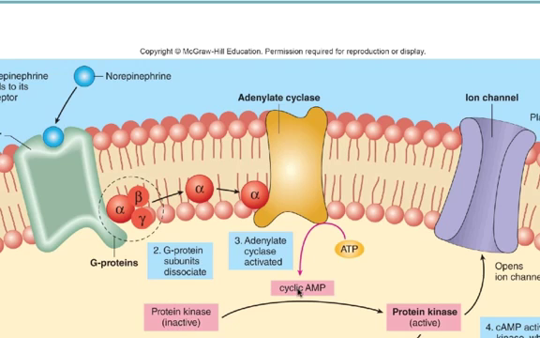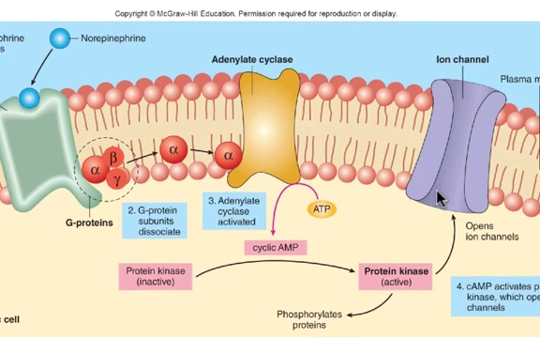The presence of cyclic AMP activates protein kinase, and protein kinase is the one that comes to this ion channel and transfers phosphate and changes the position of this channel. In the case of norepinephrine, the channel was closed, and protein kinase, by giving phosphate to this channel, is going to open it up. So this ion channel is going to open because of the phosphorylation of the channel.